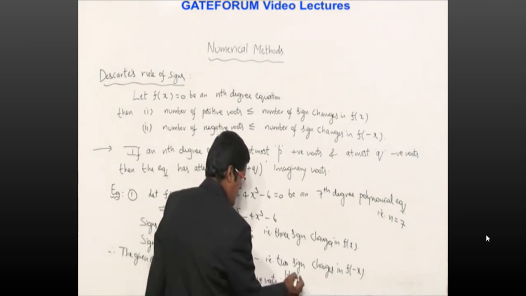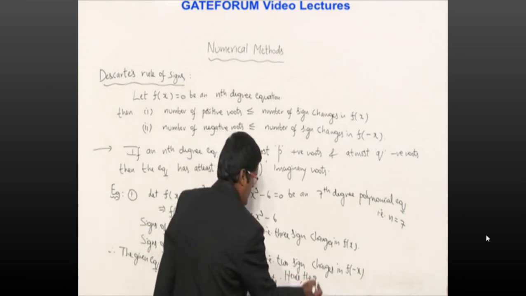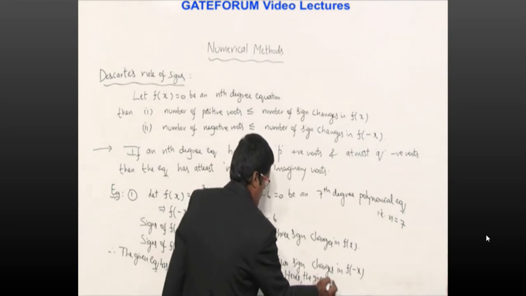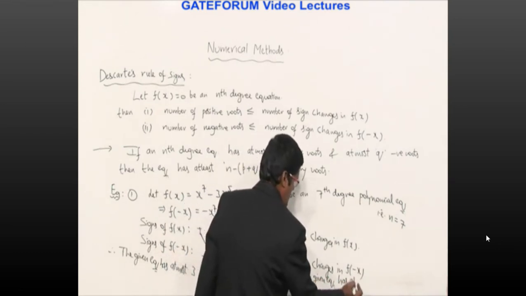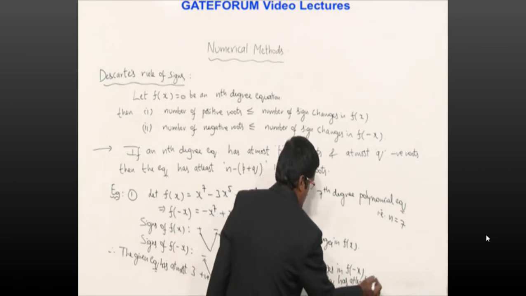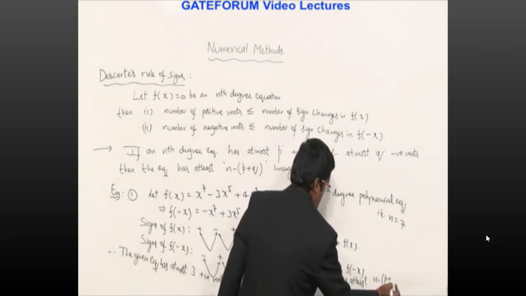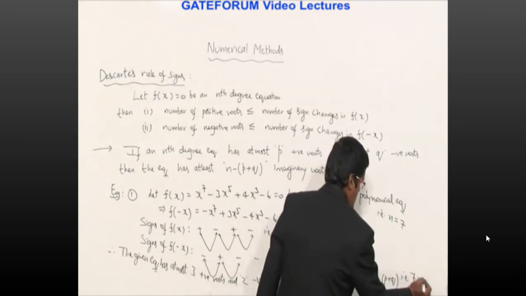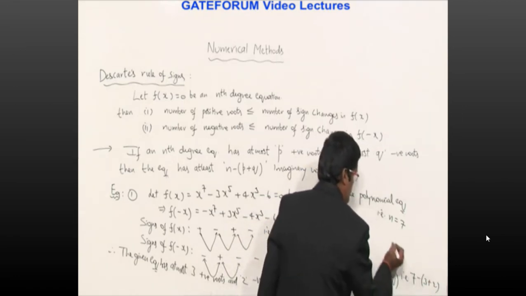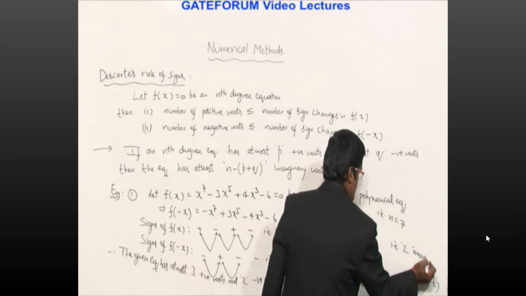Hence, the given equation has at least n minus of p plus q, that is 7 minus of 3 plus 2, that is how much? 2 imaginary roots.